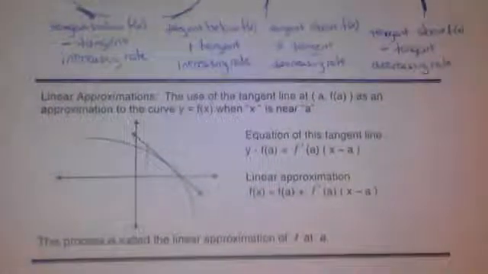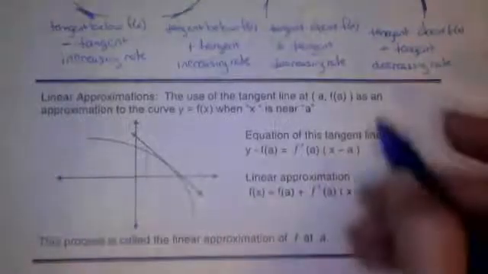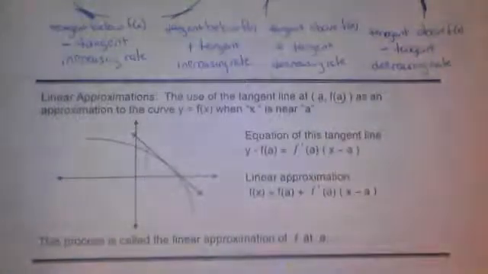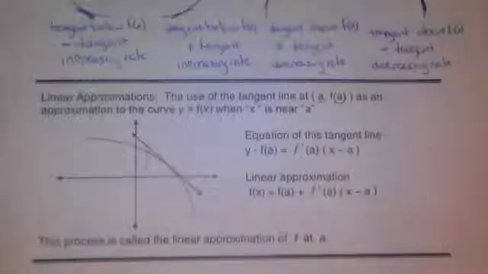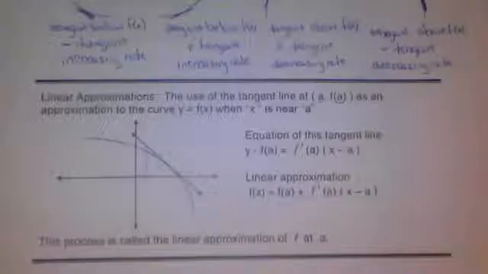All right, so let's look at linear approximations. It says that linear approximations are the use of the tangent line at a, f of a, as an approximation to the curve of y equals f of x when x is near a.